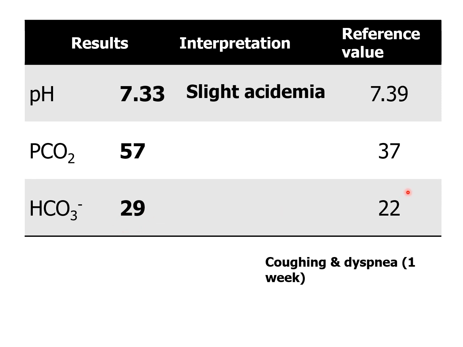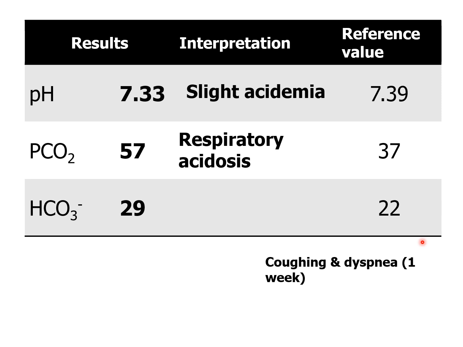Since the bicarbonate is higher than the reference value, this is not metabolic acidosis, because in metabolic acidosis the bicarbonate is usually lower than normal. Because the PCO2 is higher than the reference value, we can say that this is a respiratory acidosis in nature.